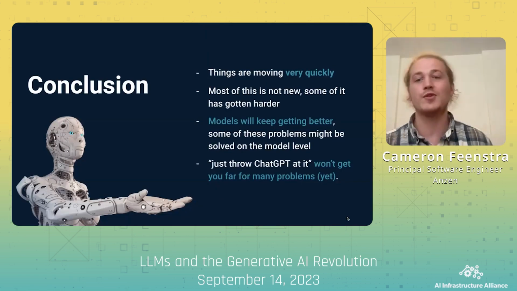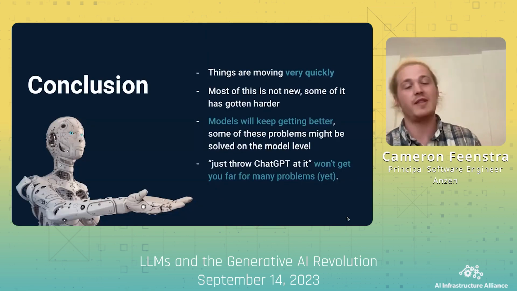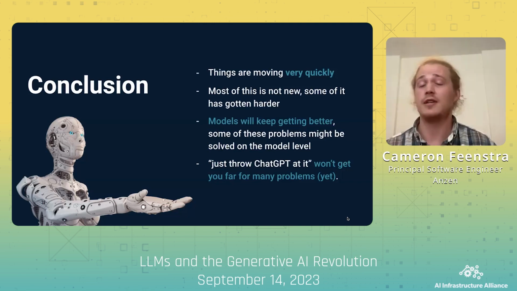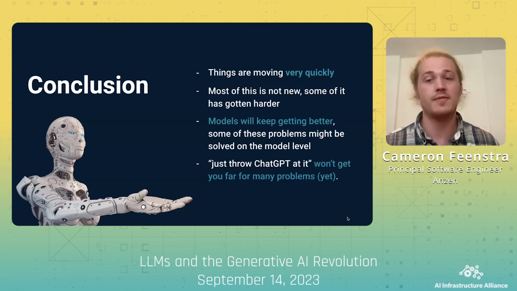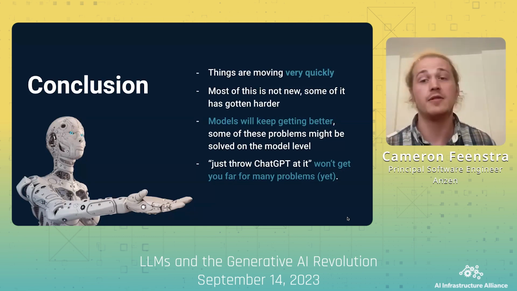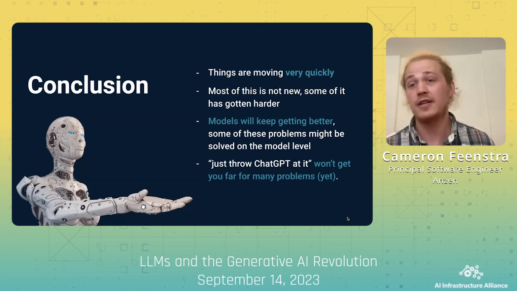Obviously that's a lot of information, but the conclusion is, ultimately things are moving very quickly, and it's possible that everything I've said here in a year's time will be totally outdated. And quite frankly, even in the couple of weeks since I made this presentation, I've had to change a lot of things.